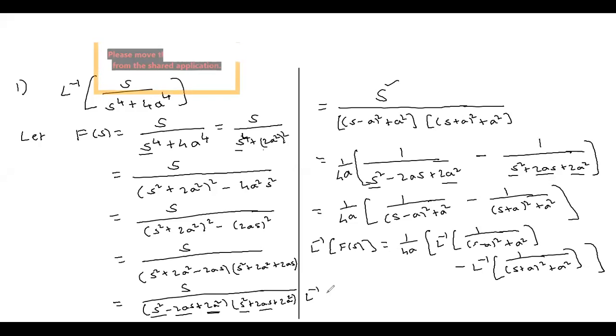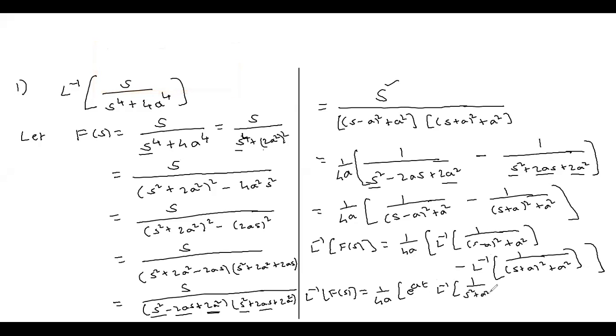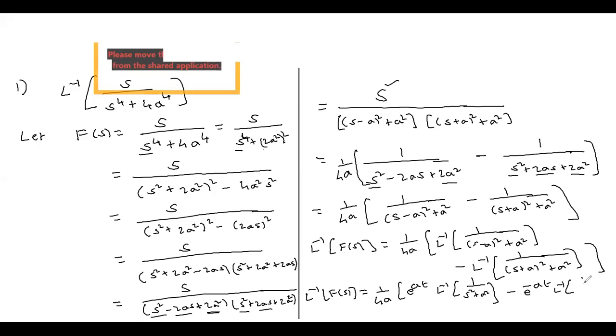So L inverse of f of s is equal to 1 by 4a into, for the first term, e power at into, can you tell me quickly, L inverse of 1 by s square plus a square, minus e power minus at into L inverse of 1 by s square plus a square.